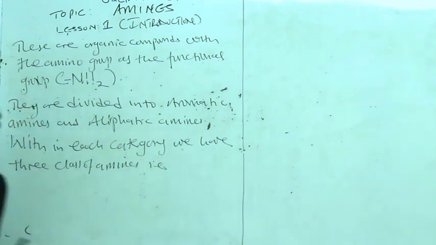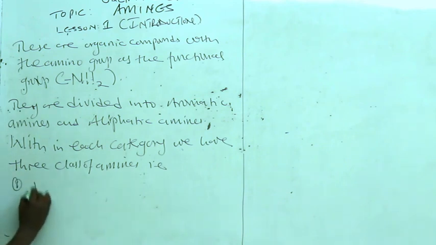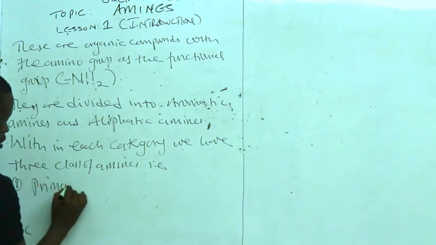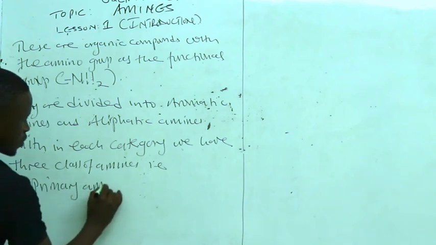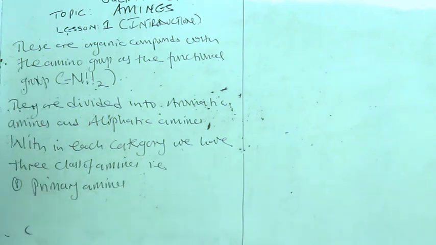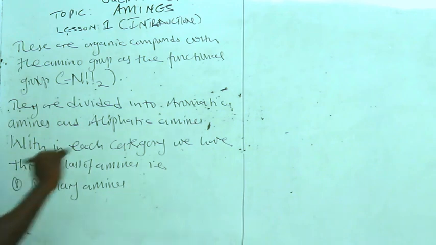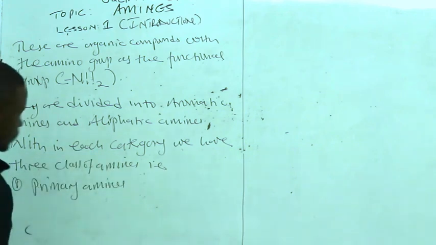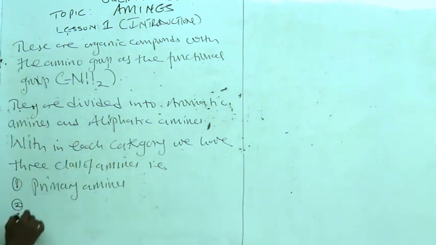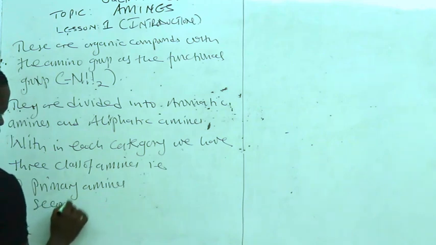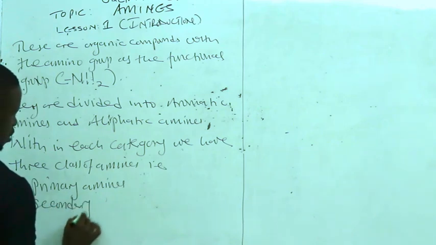We can have primary aliphatic amines, but it is also possible to have primary aromatic amines. Number two, we have secondary amines.